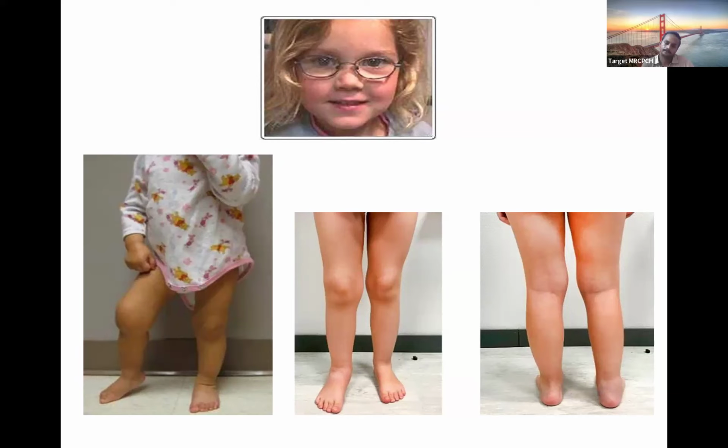Based on that, we give our observation, and we move one joint up and one joint down. In this case, we cannot do much with the knee because it seems swollen and the baby is not able to move. But we can see the hip as well as the ankle.